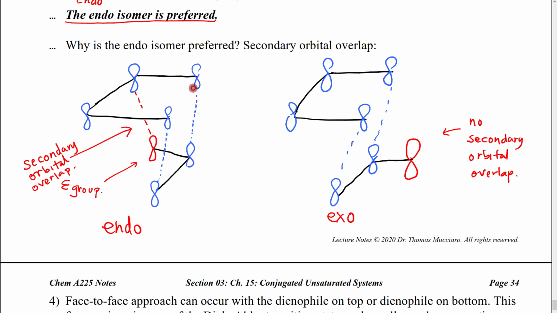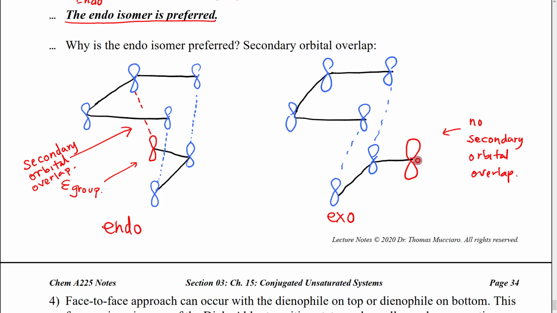Not the one on the end that's making the bond, but the one of the two in the middle. We call this secondary orbital overlap, and when we do calculations with molecular orbitals, we see that that slightly lowers the potential energy of the transition state, making this a faster reactant, kinetically preferred, and therefore the preferred product.